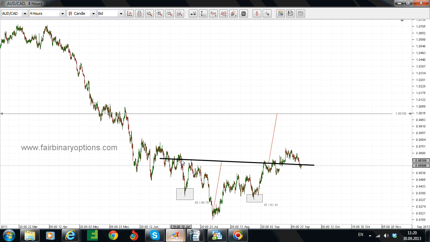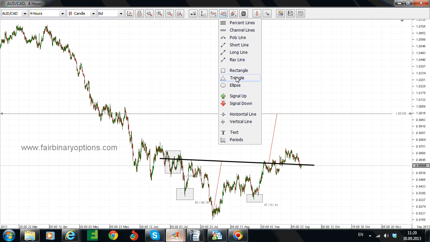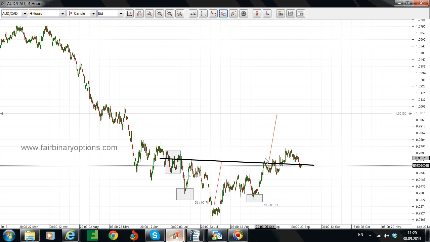The left shoulder consolidates in a contracting triangle most likely, and the right shoulder consolidates until the neckline. This is the relationship between the two.